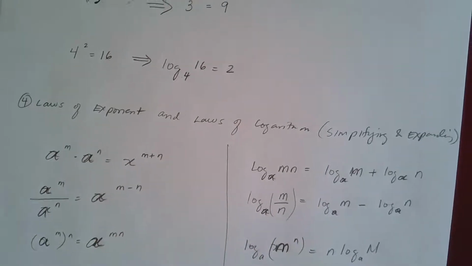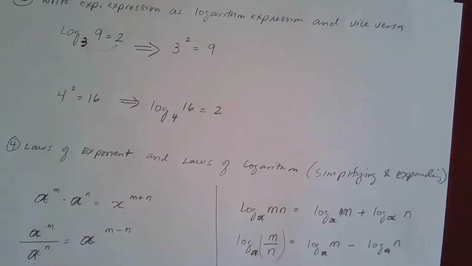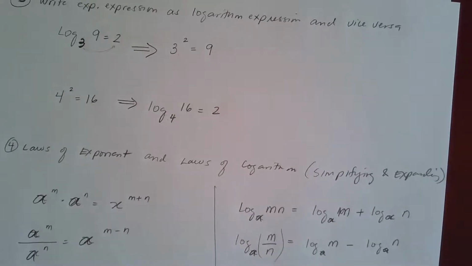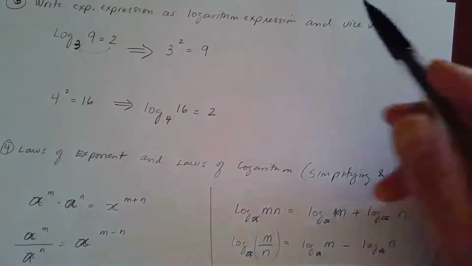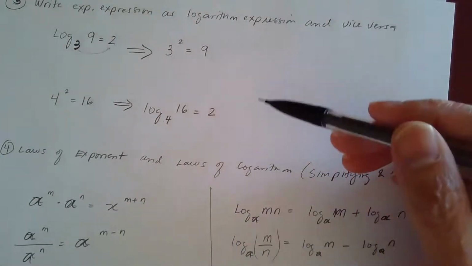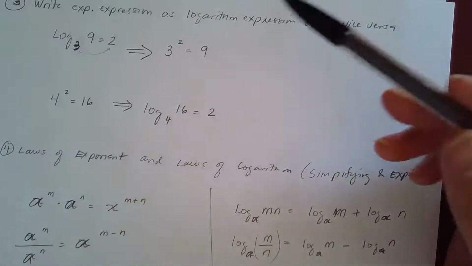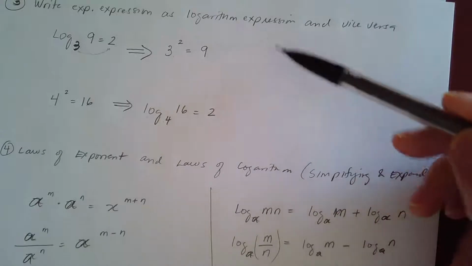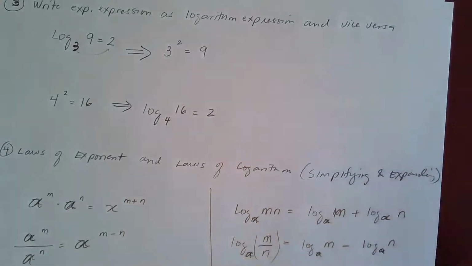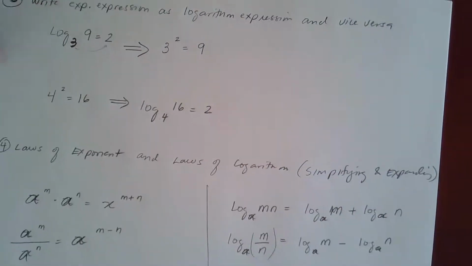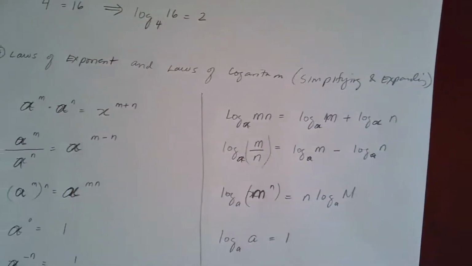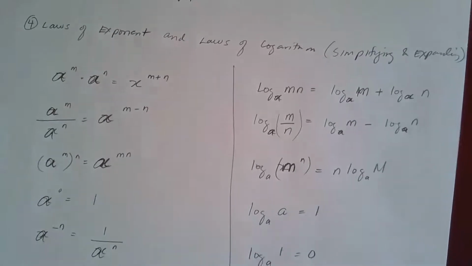So changing the expression from logarithm to exponential, and from exponential to logarithm. And this is important because we're going to use this strategy when we talk about solving equations.